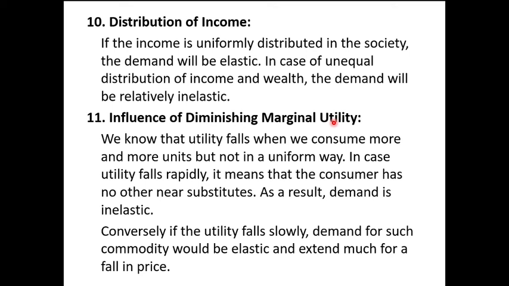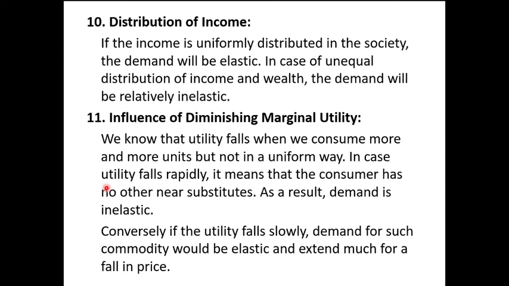Then the next point is influence of law of diminishing marginal utility. We know that utility falls when we consume more and more units of the commodity, but not in a uniform way. In case utility falls rapidly, it means that the consumer has no other near substitute.